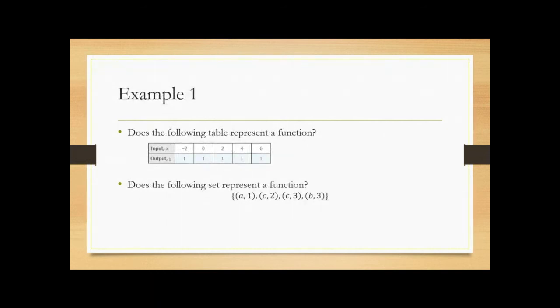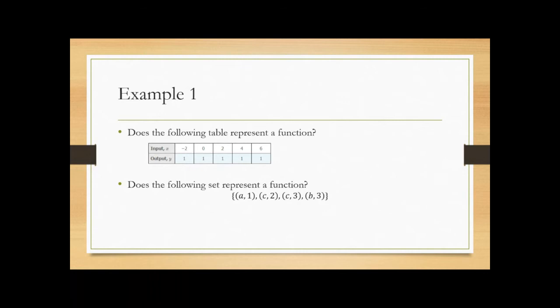So we're going to look at functions in two different ways. We've got a table, and then I have a set of ordered pairs. Let's start with the table. Does the following table represent a function? Ask yourself, does every input only have one output value? I'm going to ask you guys that.